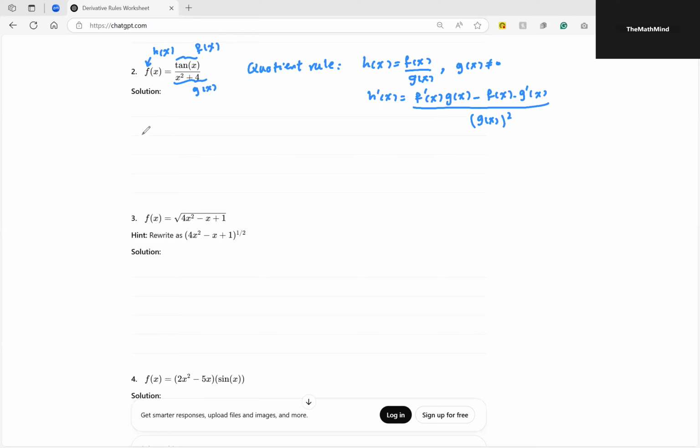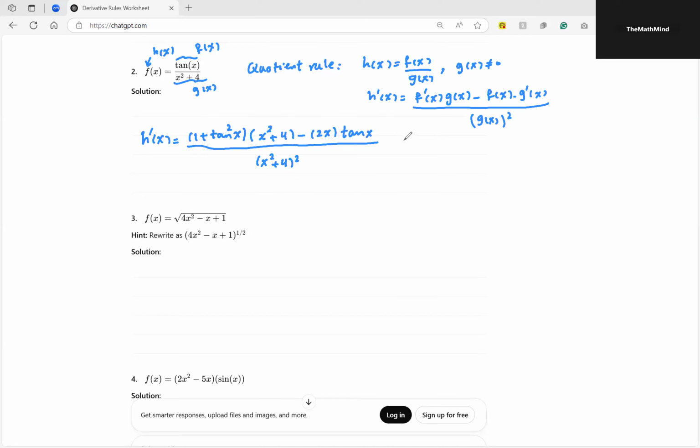So we're using the formula: f prime equals the derivative of tan, which is 1 plus tan squared x, and u is x here, multiplied by u prime, which is 1, times the denominator x squared plus 4, minus the derivative of the bottom times the numerator, so it is 2x multiplied by tan x, all over x squared plus 4 to the power of 2.